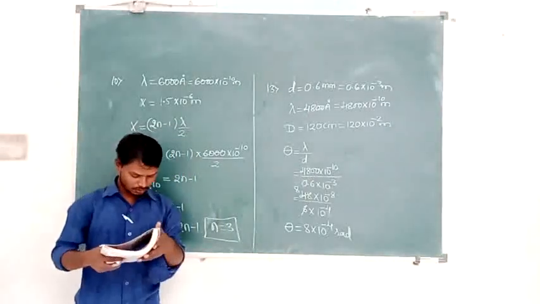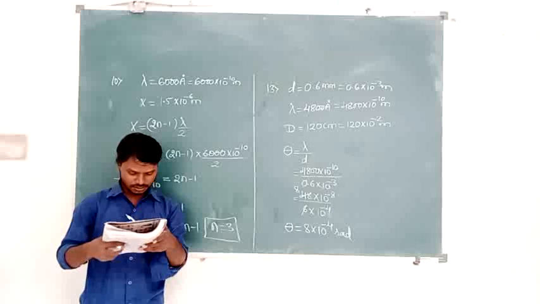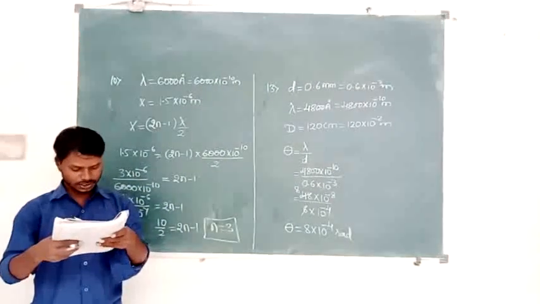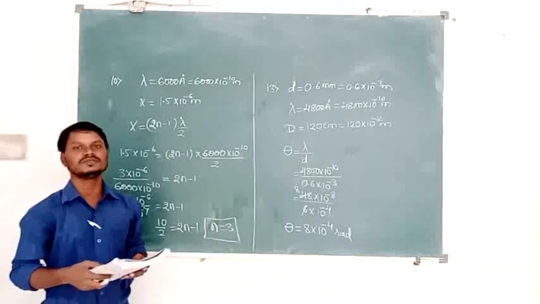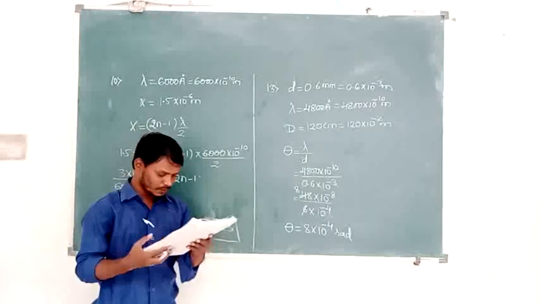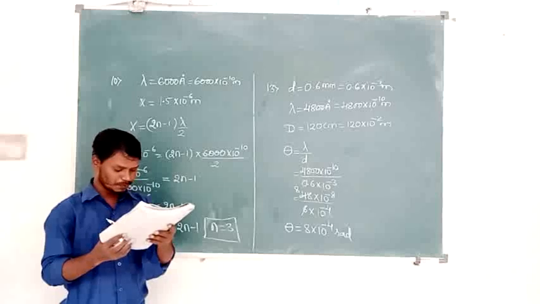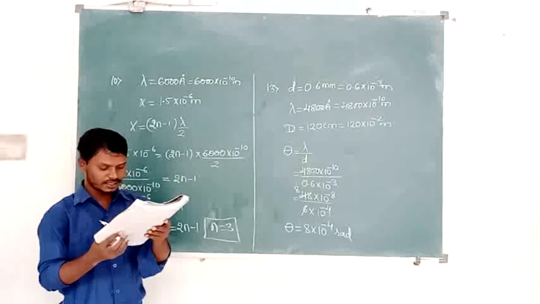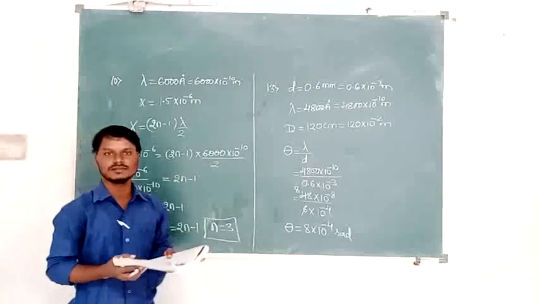So this is about the 13th question, that is also related to angular width. Next, the 14th question is related to fringe width. I hope you will solve this one. But what is that question? See here, in Young's double slit experiment, blue-green light of wavelength 500 nanometer is used. Means wavelength is given.